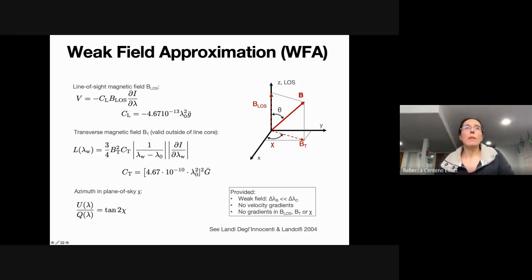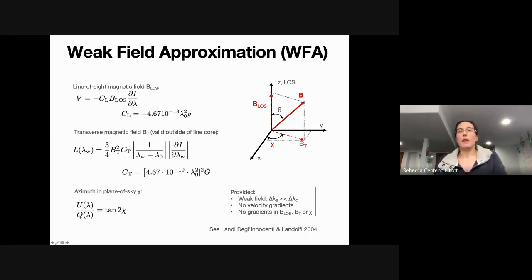The second equation connects the total linear polarization to the derivative of the intensity with respect to wavelength. It does this through a proportionality factor that depends on the transverse component of the magnetic field. If you go back to that geometry drawing, this is the projection of the magnetic field onto the transverse plane, transverse to the line of sight.